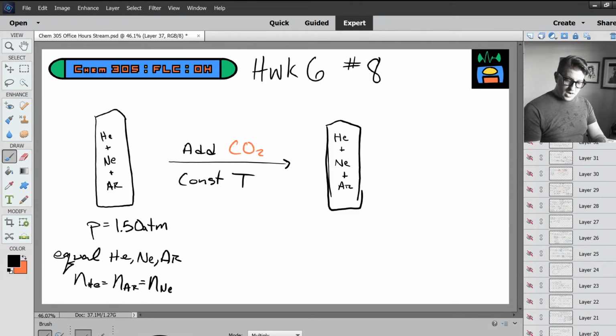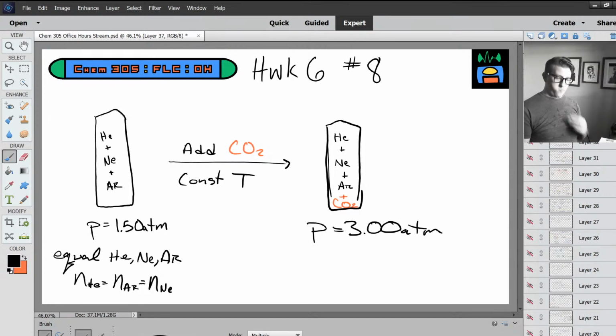So now we have plus CO2, and our pressure now is 3.00 atmospheres. This is P1. This is P2.